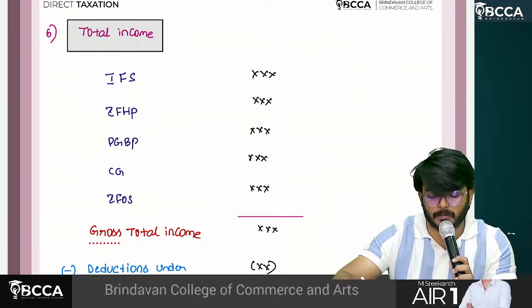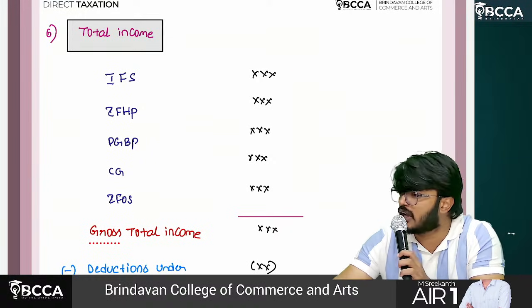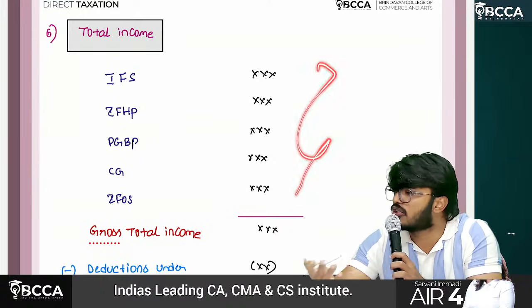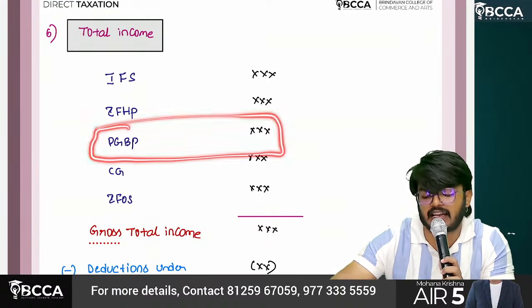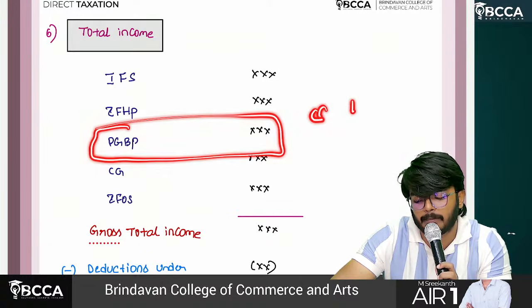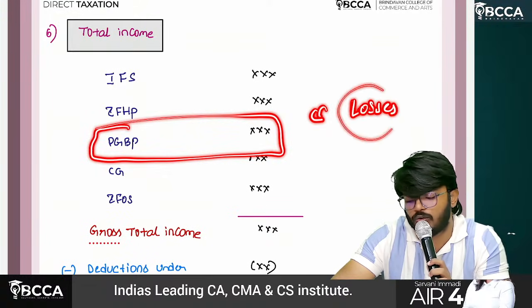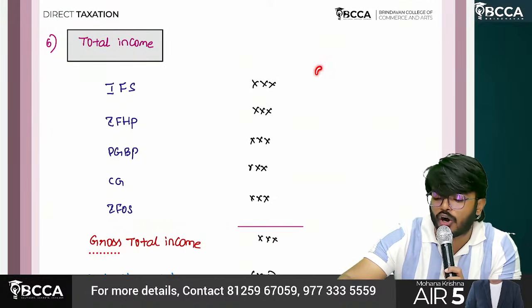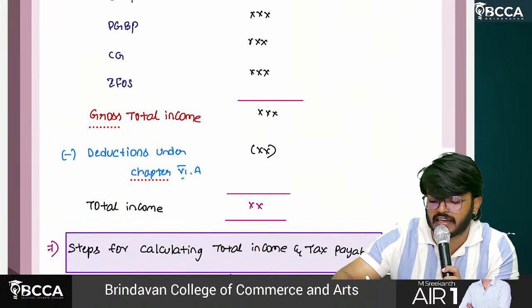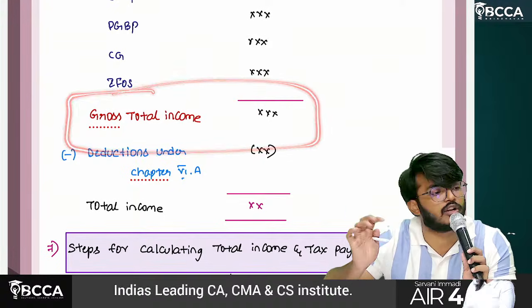Always is it possible for one person to get profits only, or sometimes he can get some losses also? If you observe business, there are high chances that the person will be getting losses only. Correct or not? So, if you get income from all these 5 heads, you can add all those items and you will get gross total income.